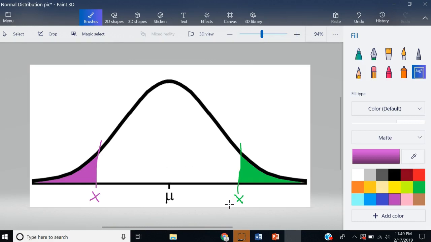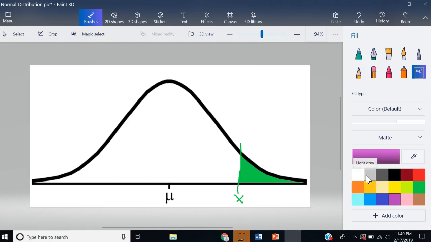There's an age where 10% are older than that specific age. And hopefully, if you think about that, it's the green scenario.